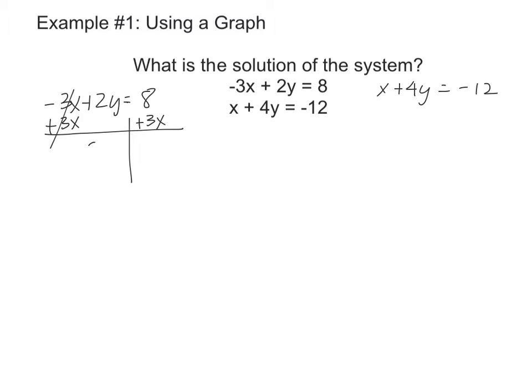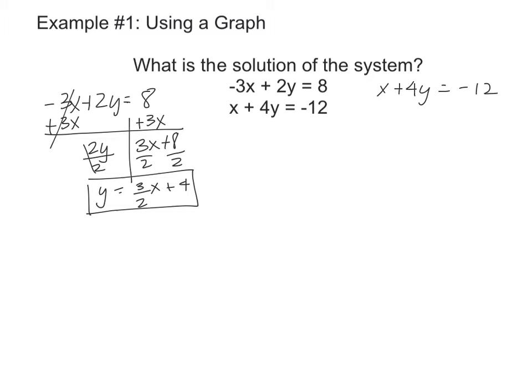We are left with 2y equals 3x plus 8. Finally, to get y by itself, we will divide by 2. So y equals 3/2 x plus 4. That is our first equation that we want to graph.